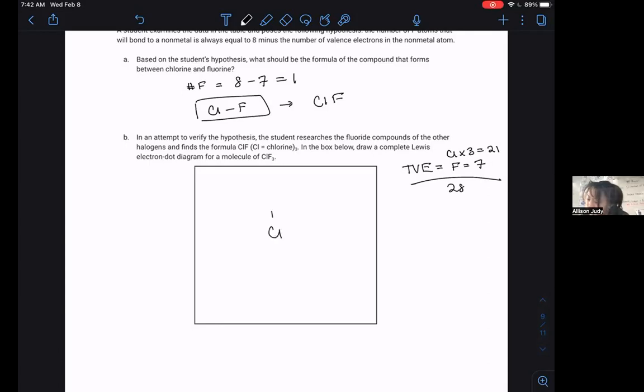So we get ClF3, with 6 electrons on each fluorine. We've used up 18 plus 6 for the initial structure and distribution, so 28 minus 24 leaves us 4 left. We can't put any more on the terminal atoms, so we go to the center atom.